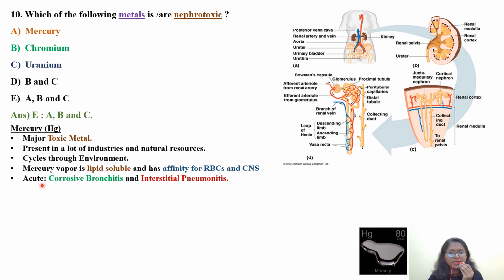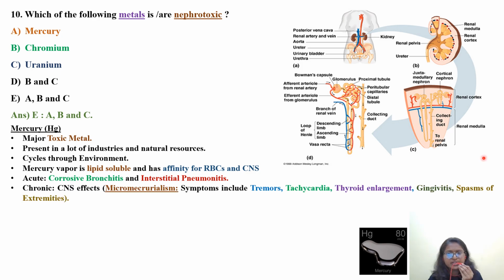Whenever there is acute exposure to mercury, you will find corrosive bronchitis as well as interstitial pneumonitis in the patients. And whenever there is chronic exposure to mercury, CNS effects will be there. That is micromercurialism, again a very important term.